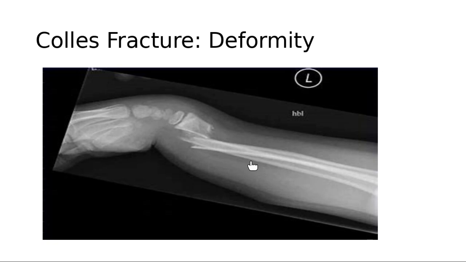The associated injury that you can get is what we call an acute carpal tunnel syndrome, where you can have compression of the median nerve and you get numbness and tingling in the fingers that are supplied by the median nerve. And so you need to examine your patient appropriately who has had a Colles fracture to ensure that they do not have the acute compartment syndrome.